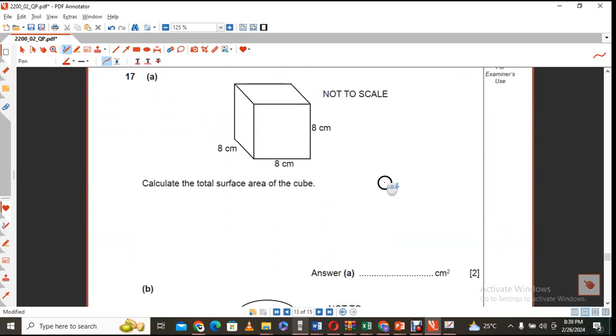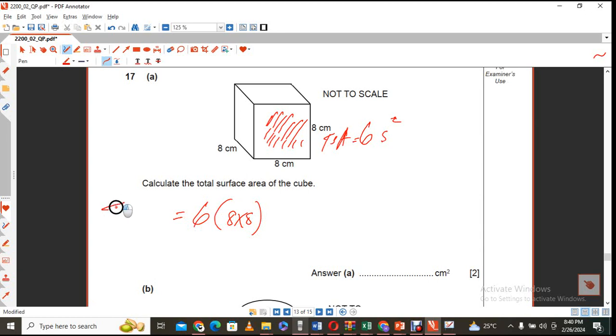The total surface area. Remember, surface area is like these faces, and since this is a cube, there will be 6 of them, and each one of them is a square. So the total surface area is 6 times all of those squares. It will be 6 times 8 times 8.